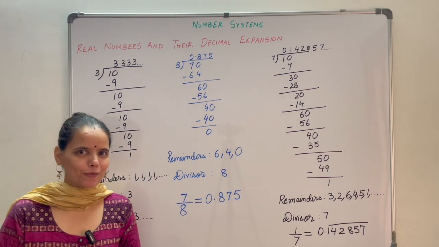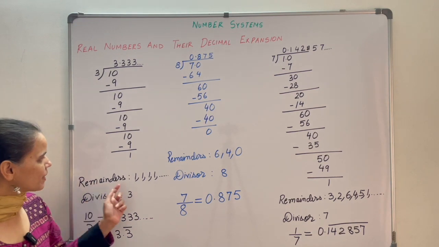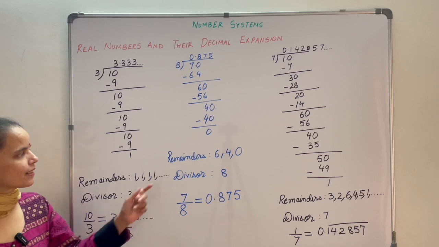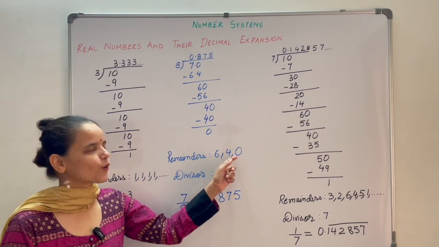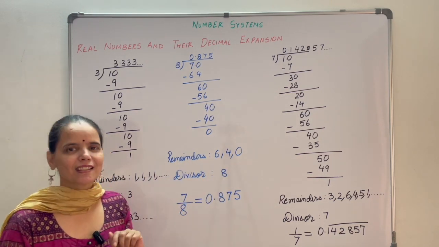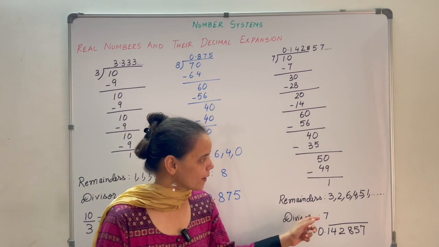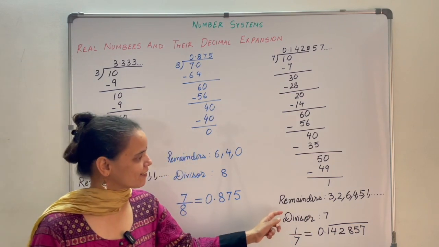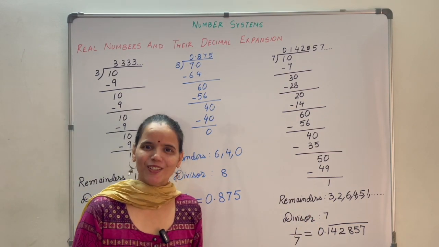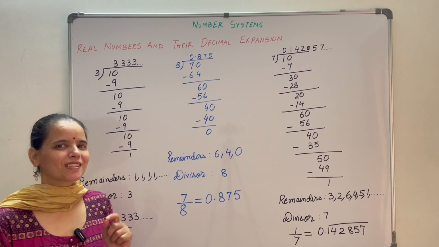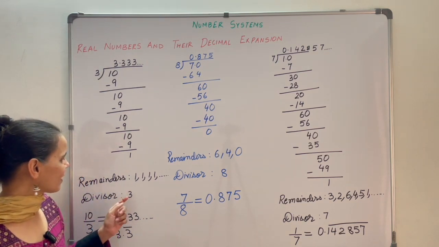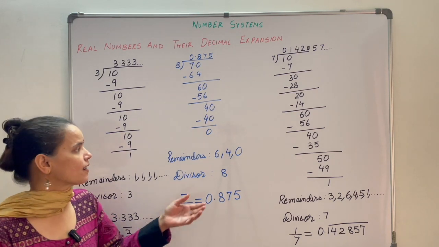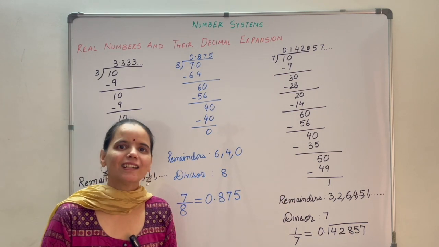What else do you observe? Here the remainders are all 1 and the divisor is 3. Here the remainders are 6, 4 and 0 and the divisor is 8. Here the remainders are 1, 2, 3, 4, 5 and 6 and the divisor is 7. I am sure you must have noticed that the divisor is always greater than the remainder, or we can say the remainder is always less than the divisor.